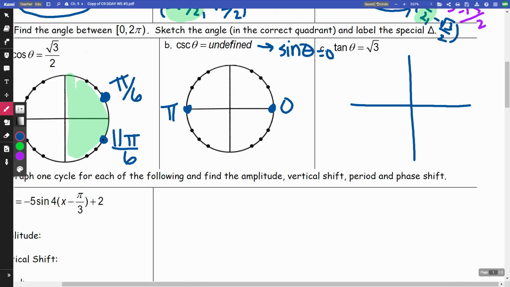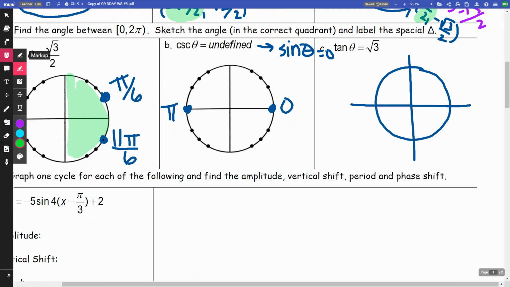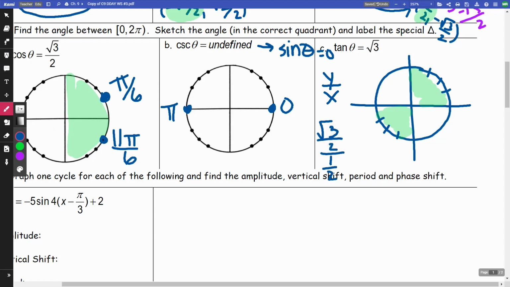Tangent. My tangent is positive in quadrant 1 and quadrant 3. And let me just do my marks since I didn't put one here for us. Okay, and so my tangent is y over x. So I want to decide, do I want root 3/2 over 1/2, or do I want 1/2 over root 3/2?